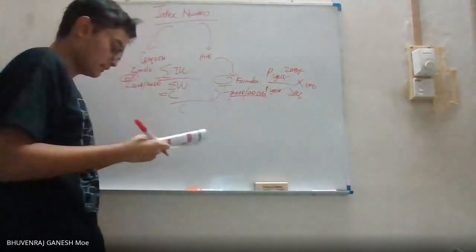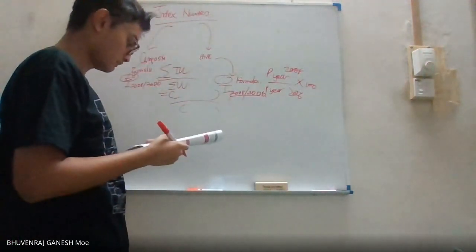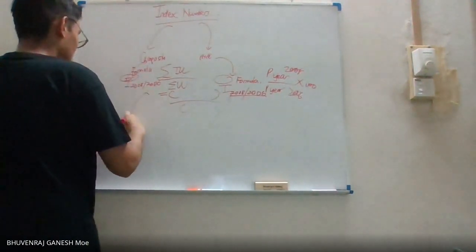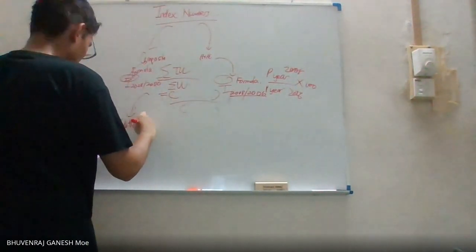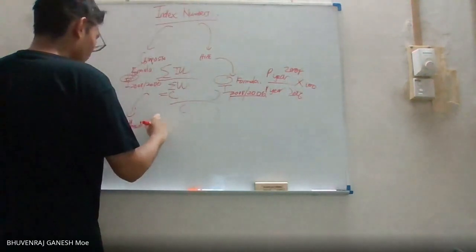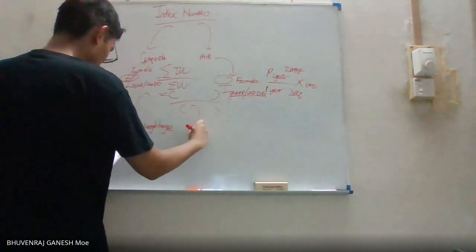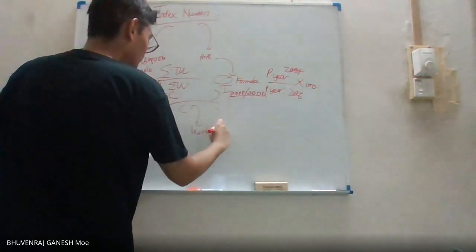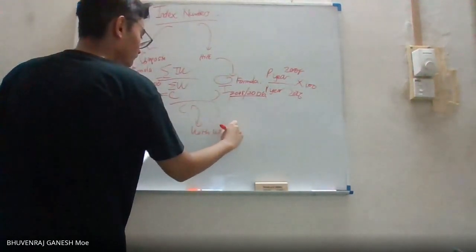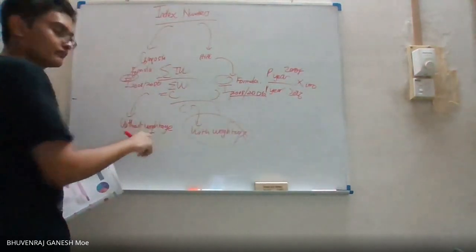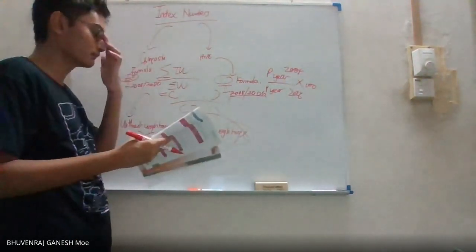Okay, so after that, you know the formula already. Composite index can be used without weightage or with weightage also. But usually the questions in the exam, they will use the weightage. Rarely you see a composite index without weightage.